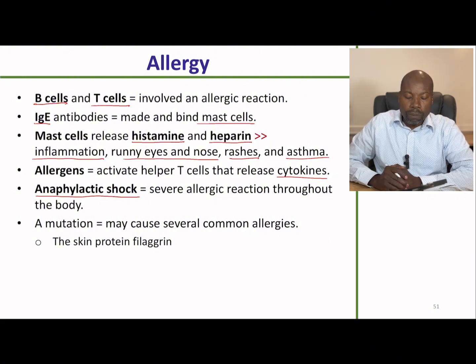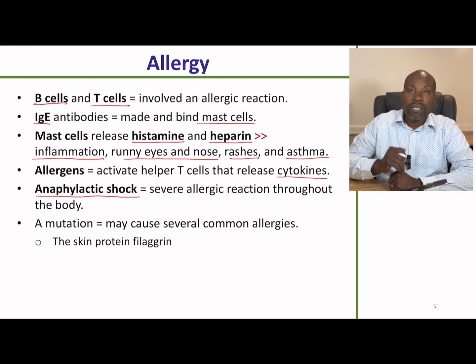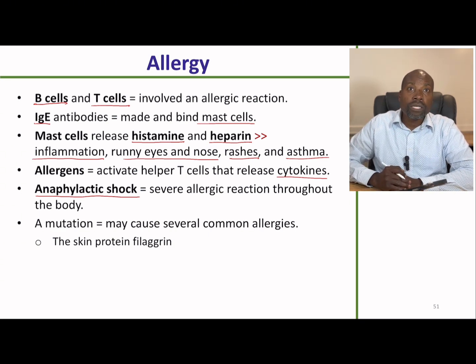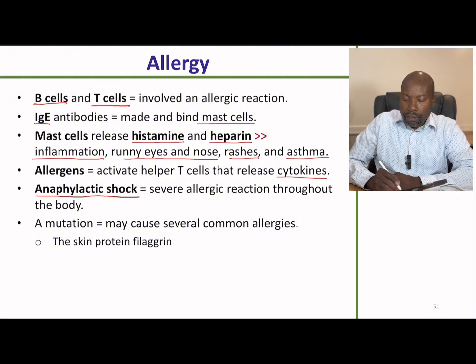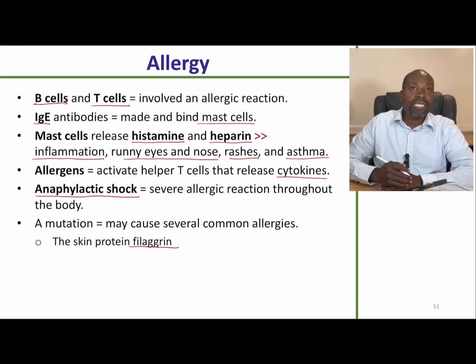Now, there are also some allergic conditions that are caused by mutations that can occur in some of our genes, including the gene that encodes a protein called filaggrin. Filaggrin is a protein that is typically found in the skin.